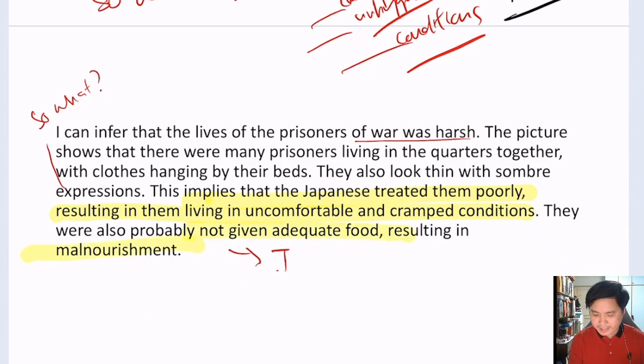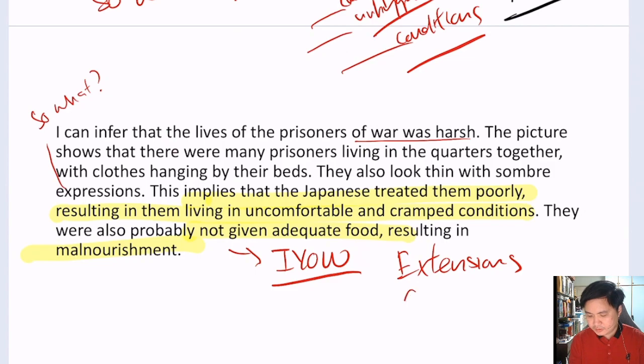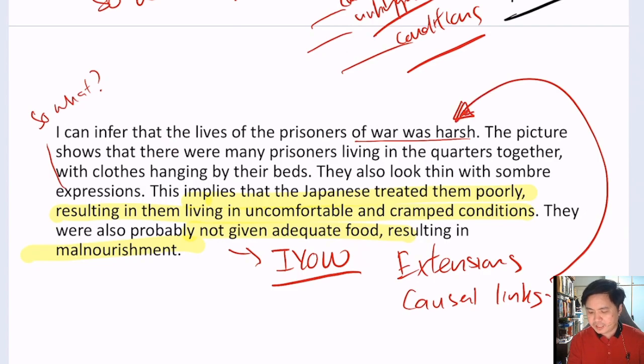All this is in my own words, and they are extensions. They are either called extensions or they are called causal links again. Causal links to what? Links to the idea of harsh. So your words that you use must be related to your main inference word, which is harsh. Alright, so this is how you explain properly, and this is how you will get the L3 5 marks.